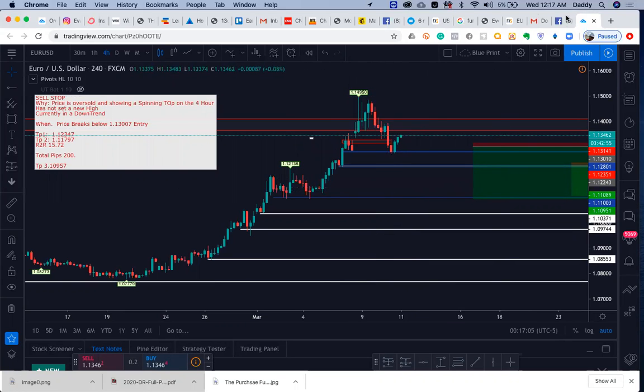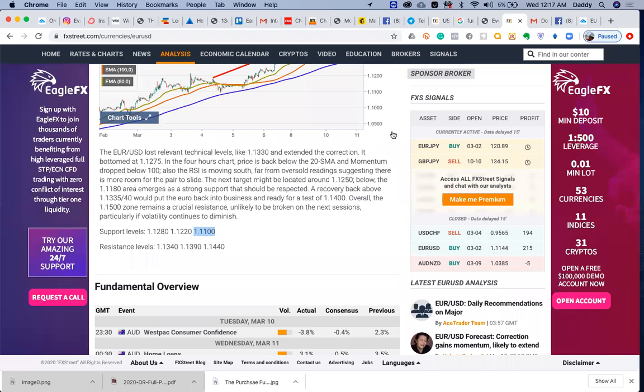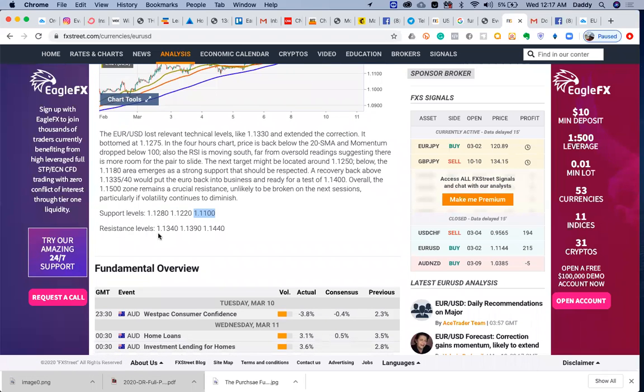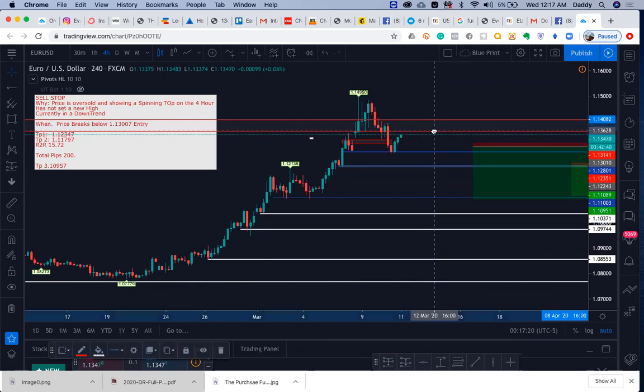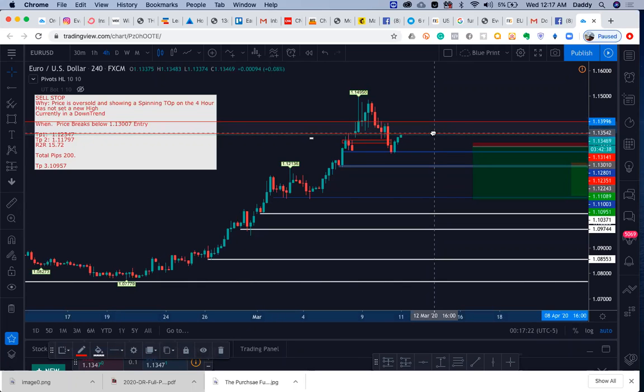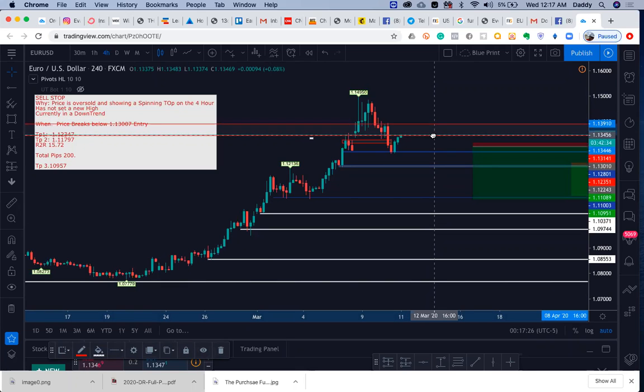So now what I do is let's go over here and let's mark up our resistance. Resistance, 1340. 1340. Right? Let's take this line and we're going to move him right. Is that enough?